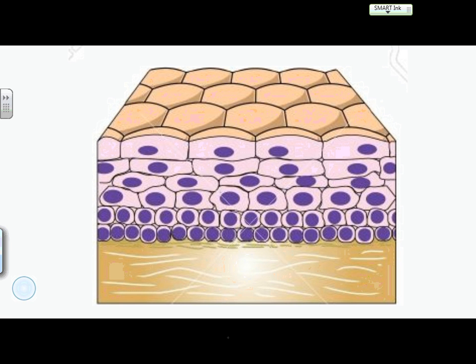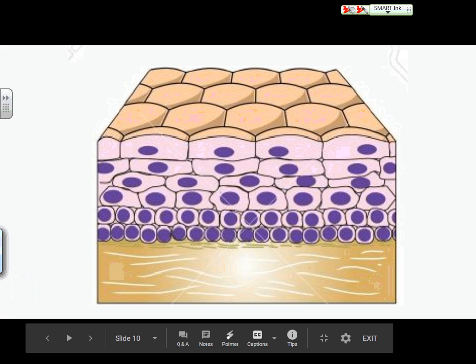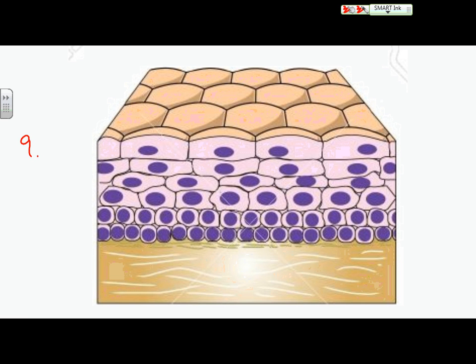All right, number 9. Okay, on number 9, I'm seeing many layers of cells. I don't see any surface features on this. Cells towards the surface kind of look flattened. I'm going to say stratified squamous.